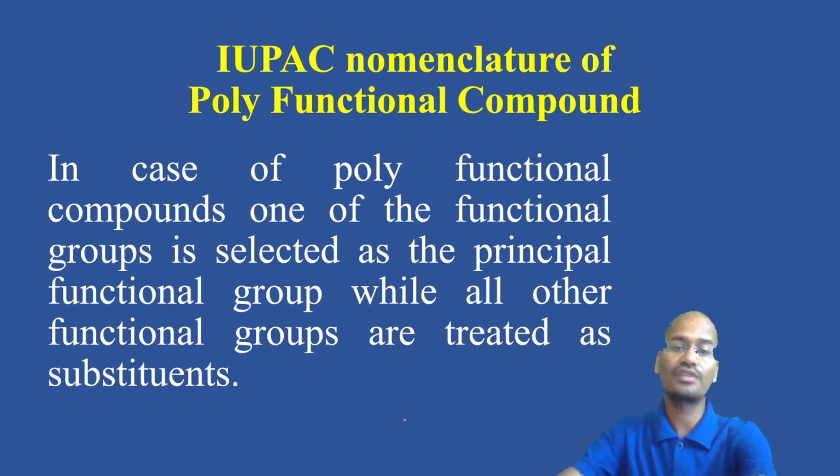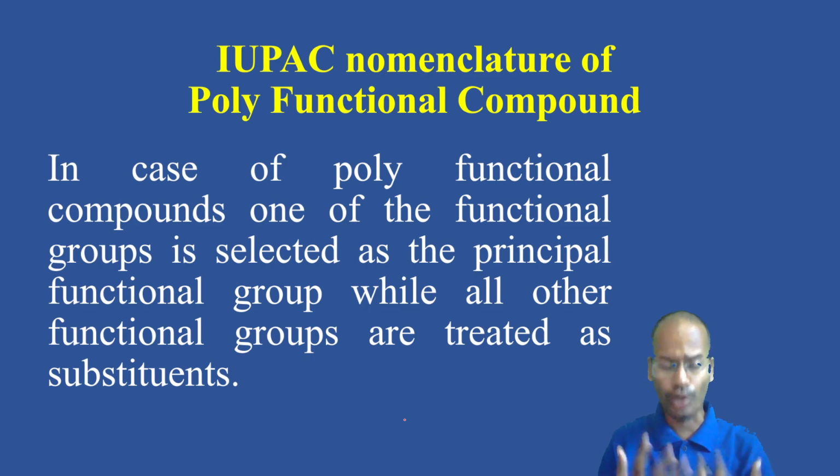In case polyfunctional groups are there, that is more than one functional group in the given molecule, then the principal functional group will be treated as the suffix, and the remaining functional groups will be treated as prefixes.